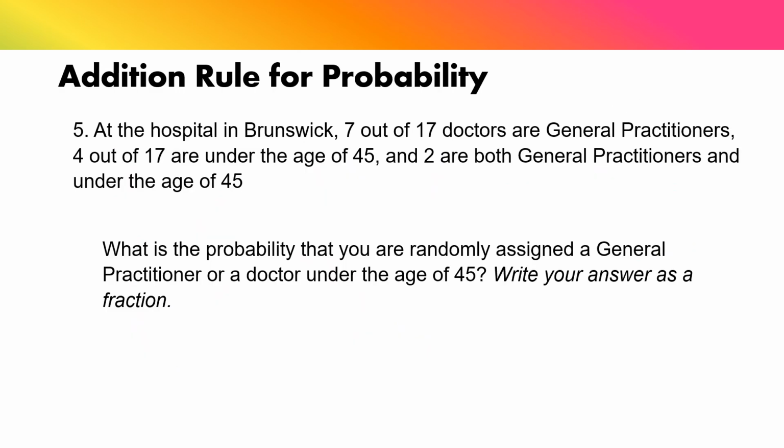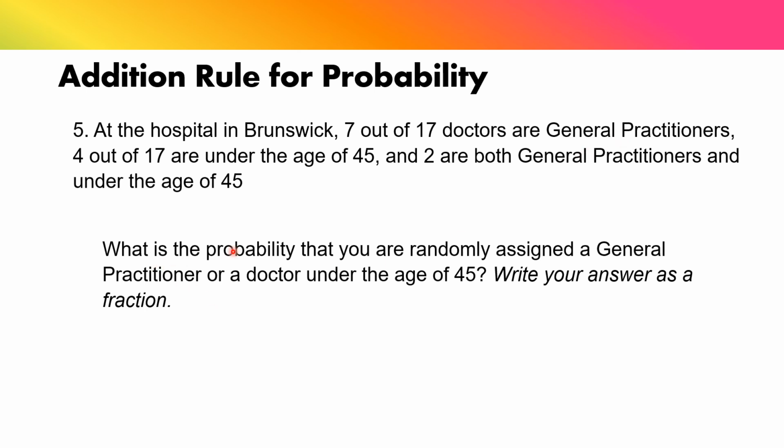All right, so here's our first example. It says, at the hospital in Brunswick, 7 out of 17 doctors are general practitioners, 4 out of 17 are under the age of 45, and then 2 are both general practitioners and under the age of 45. All right, so we've got 2 doctors who are general practitioners, and they're also under the age of 45.